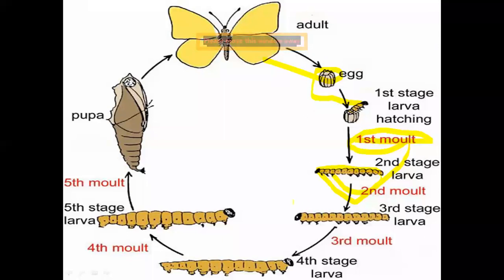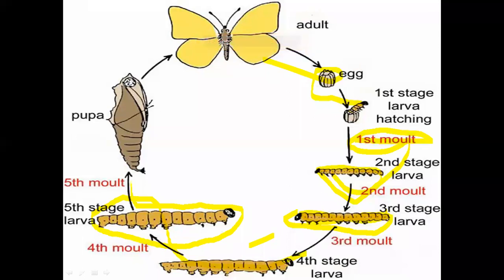Then again the old skin is removed and it becomes larger, increasing in size along with the formation of other appendages and growth, and we can say the third instar larva, or third molt. Again this larval stage continues to complete four stages, and then it becomes the fifth stage, and here the insect comes into molting for the pupal stage.